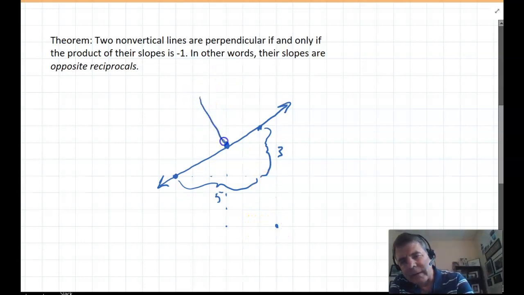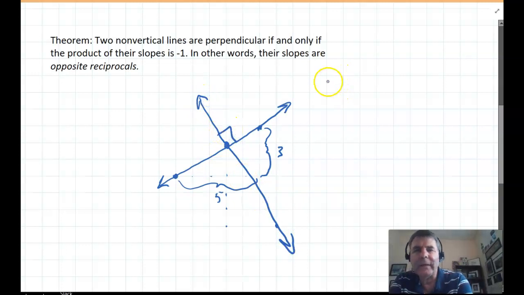And if I connect those, I get perpendicular lines. So the slope of one line is 3/5. The slope of the second line is negative 5/3. And those are opposite reciprocals. If I multiply them together, the product would be -1.